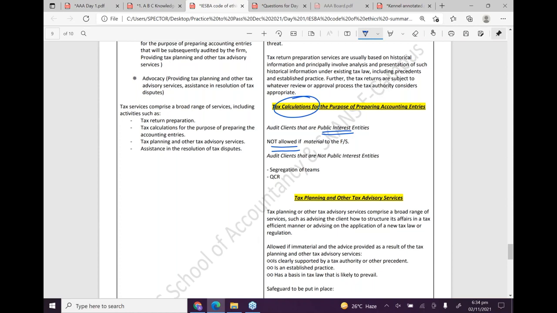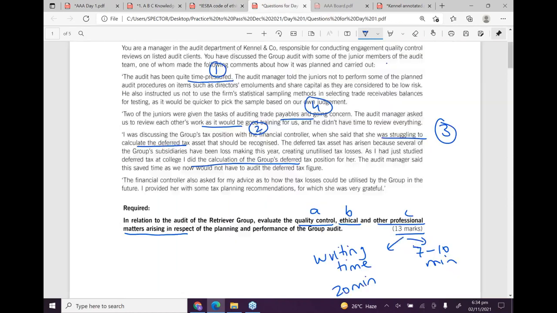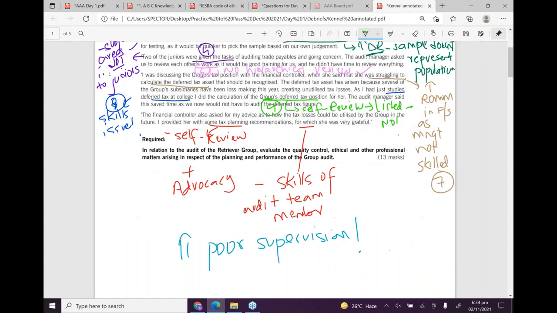So in my answer, the format followed would be exactly what you see on the screen right now. 1 mark for saying self-review. There is no other threat in that. 1 mark for saying for listed companies, this is not allowed, and therefore this should not have been done. Don't write, don't do it, it's too late. But the fact, your conclusion is that it was actually not allowed to do this calculation for a listed company.